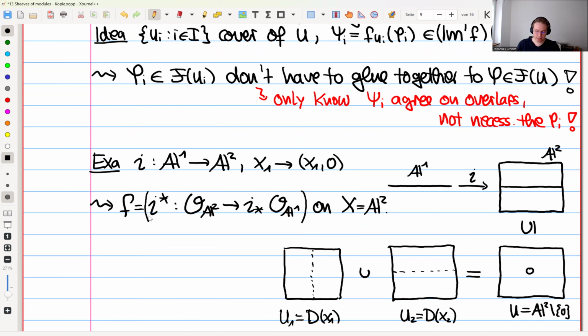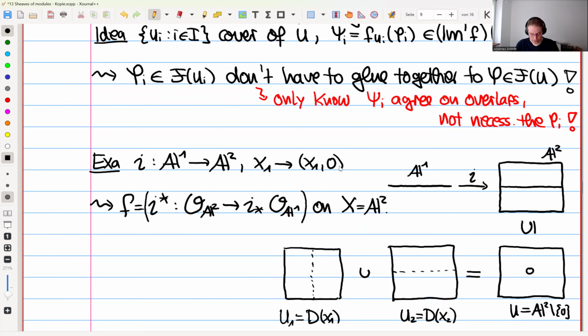In fact, X will basically be A2. And the morphism of sheaves that we want is a morphism induced by actually a map of schemes. So there is this kind of inclusion morphism from A1 to A2, which just sends x1 to (x1, 0).